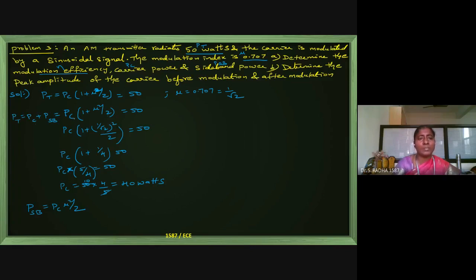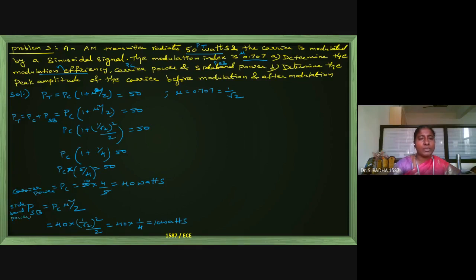The first term is PC, the second term PC into mu square by 2 is the sideband power. PC is 40, and mu is 1 by root 2 whole square divided by 2. Simplifying, 40 into 1 by 4 gives a sideband power of 10 watts.